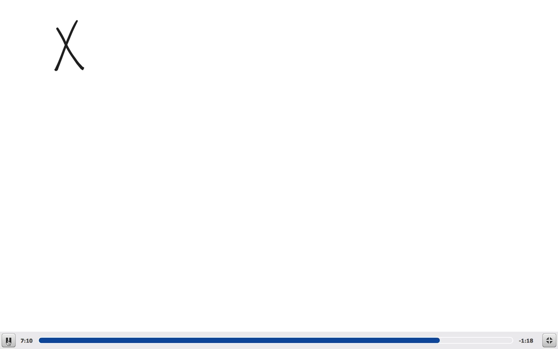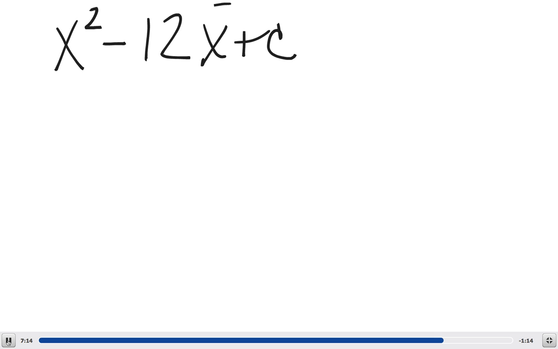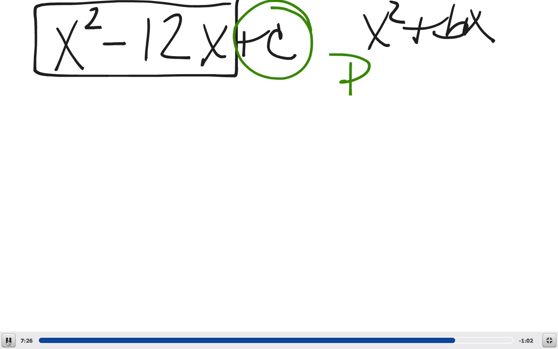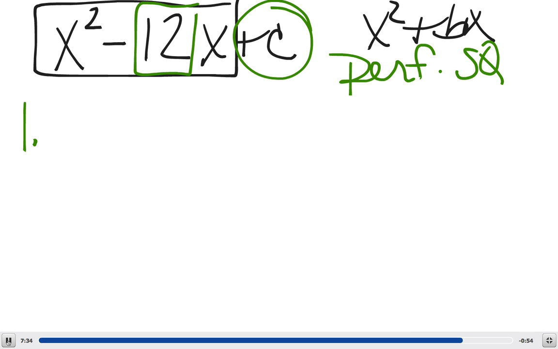So let's look at this example again. x squared minus 12x plus c. Well, right now I just have my binomial of x squared plus bx, right? And I want to find what is going to make this a perfect square. Okay, so step 1 was to divide my b by 2.